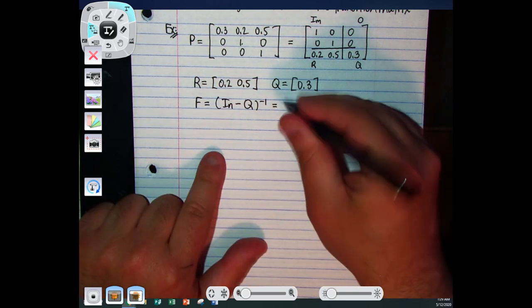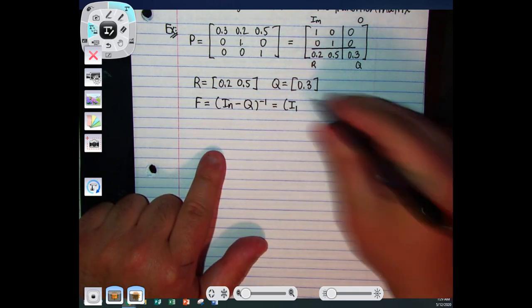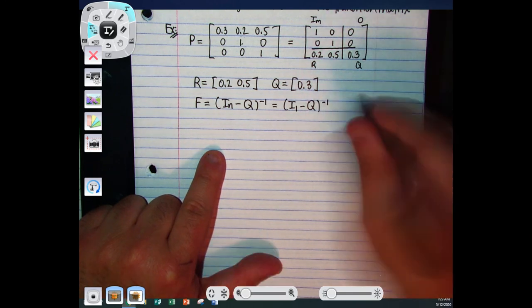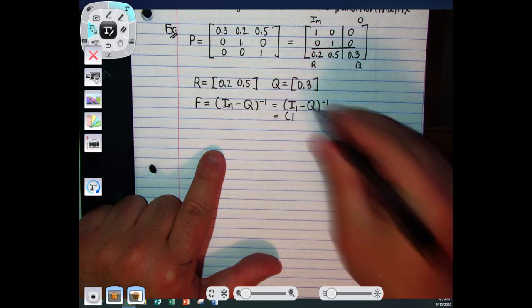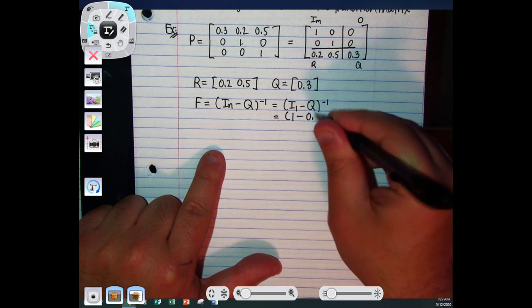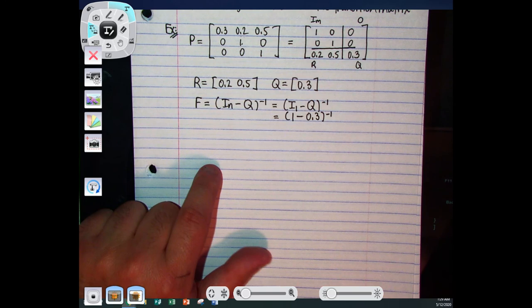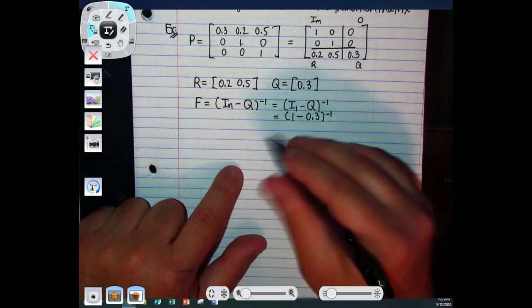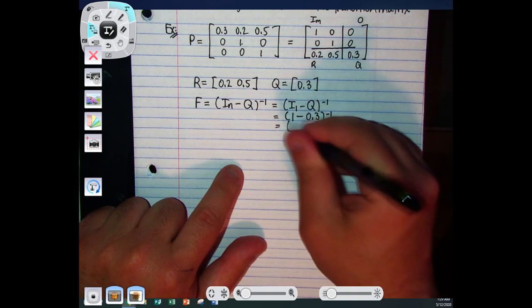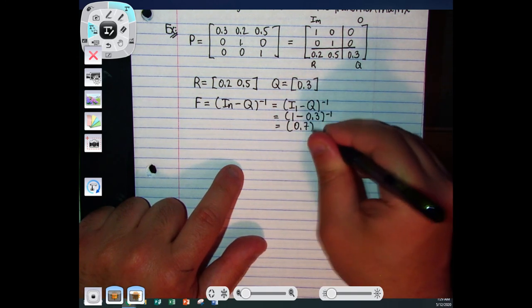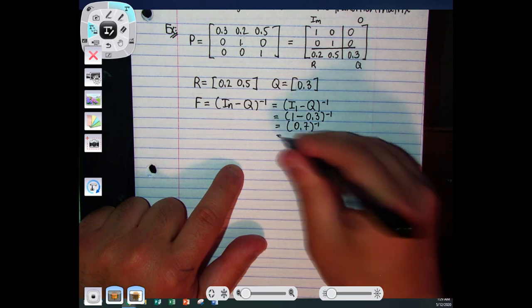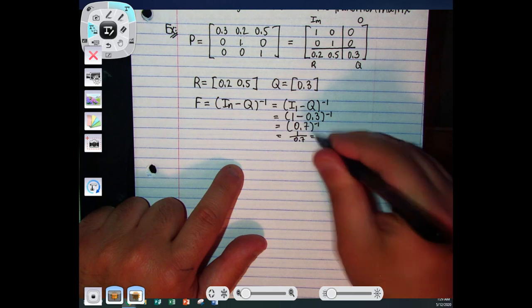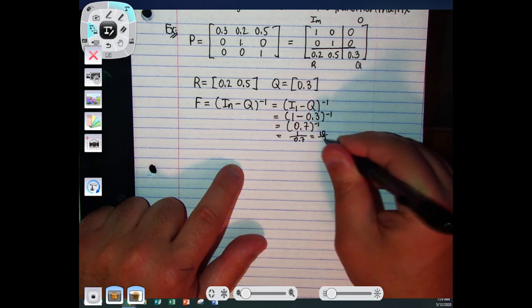So this would be the identity matrix of 1 minus Q. Well, the identity matrix of 1, that's just 1, minus 0.3, we take the inverse. So 1 minus 0.3, that's 0.7. When we do the inverse of 0.7, we end up with 1 over 0.7, which if we simplify becomes 10/7.